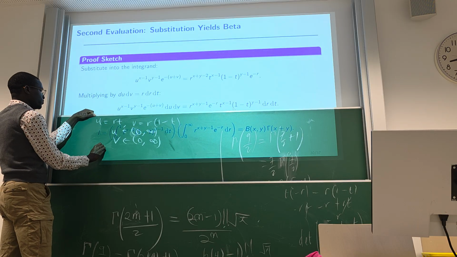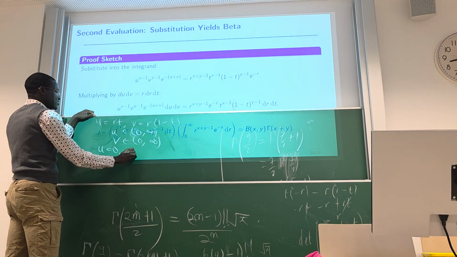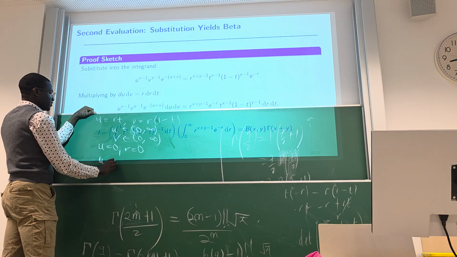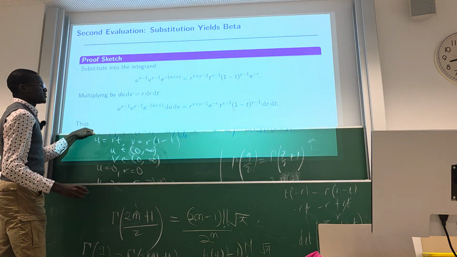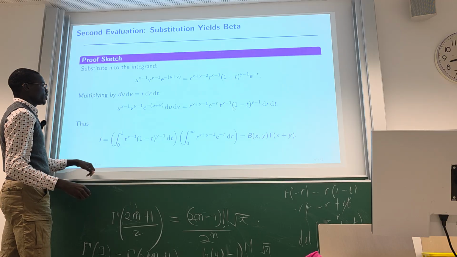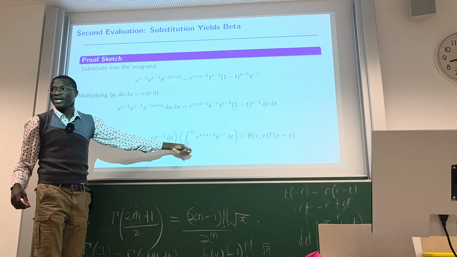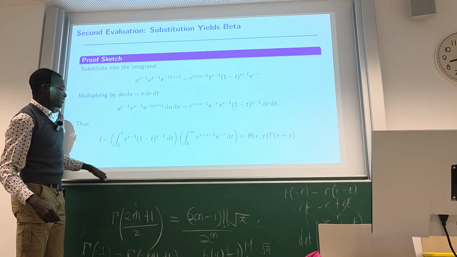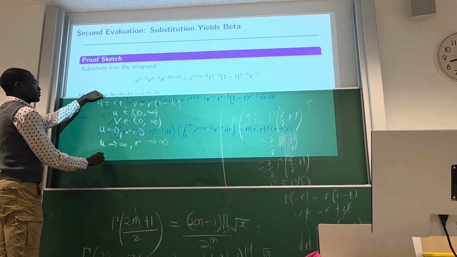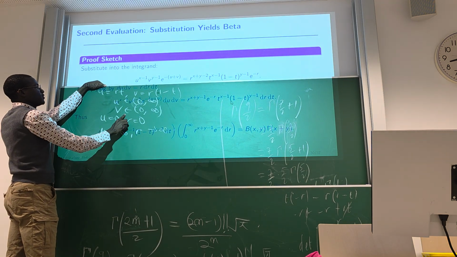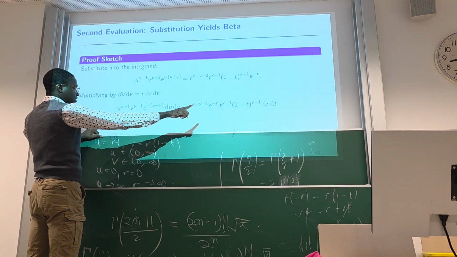So when u is 0, r is 0. When u goes to infinity, r goes to infinity. Which means r is on 0 to infinity, right? And here you have the one for v.